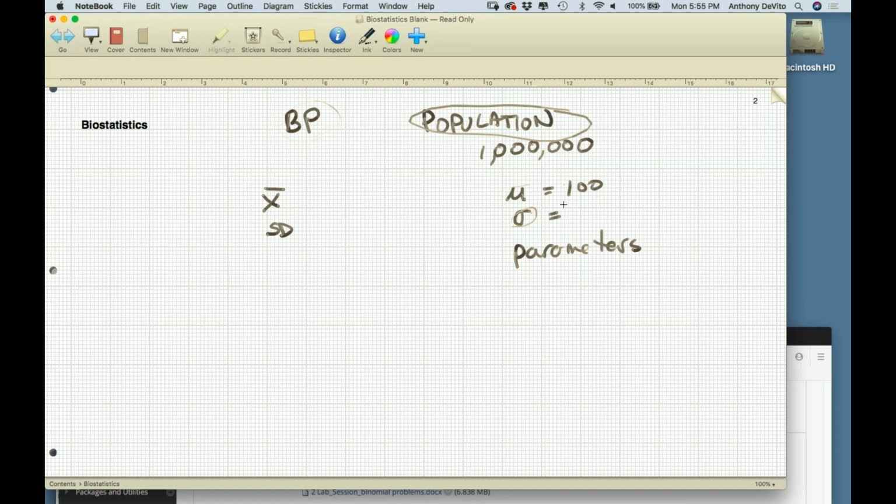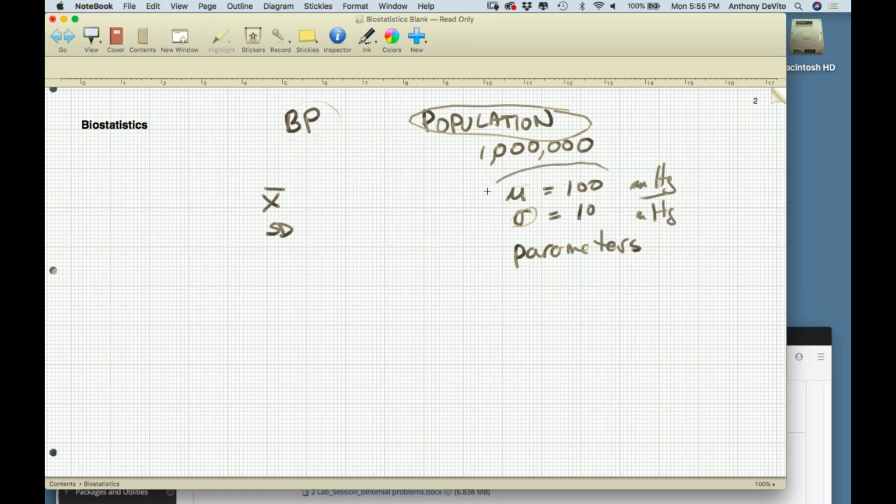The standard deviation gives us a window on the level of variability. How spread out are the blood pressure readings? So I'm going to say that the standard deviation for blood pressure readings is 10. Now I think millimeters of mercury is probably what we're using as units here, but I'm not going to worry about the units at all.